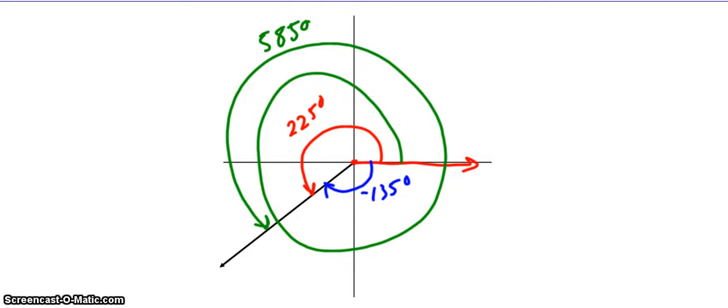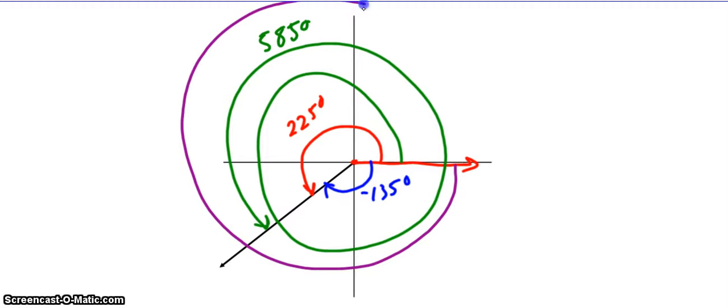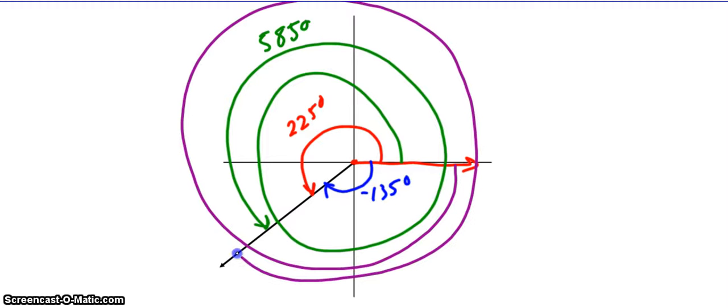And we could do the same thing going the other direction. So I could start here and go this way, and this would be negative 495 degrees. So these are all coterminal angles.